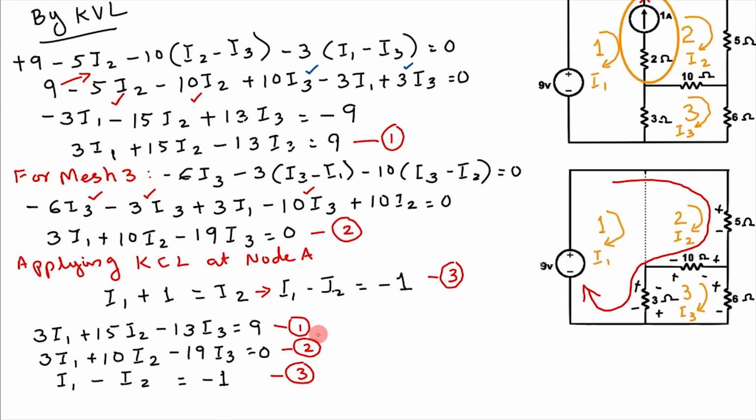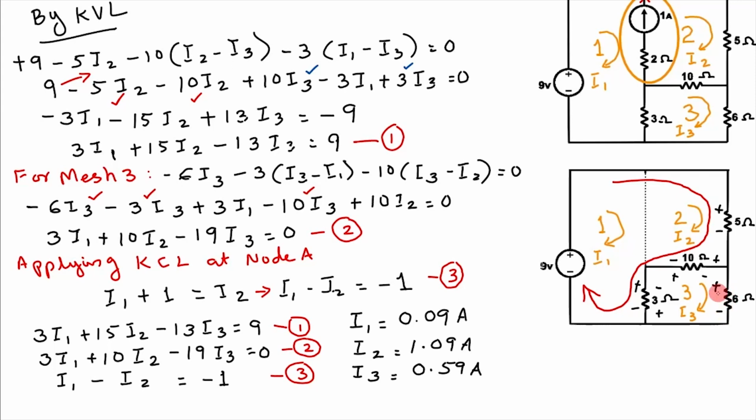Solving these 3 equations, we will get I1 is equal to 0.09 ampere, I2 is equal to 1.09 ampere, and I3 is equal to 0.59 ampere. We are asked to find the voltage drop in the 6 ohm resistance.